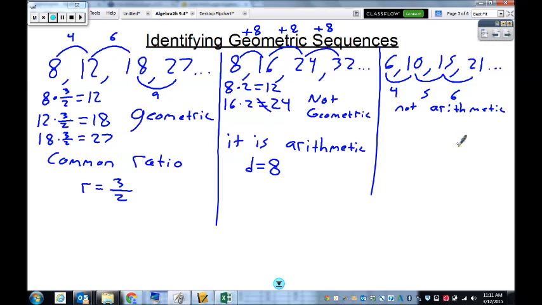Okay. Well, to go from 6 to 10, or 10 to 15, or 15 to 21, well, I see if I divide 6 by 3, I get 2, and 2 times 5 is 10. So if I multiply 6 times 5 over 3, I'll get 10.